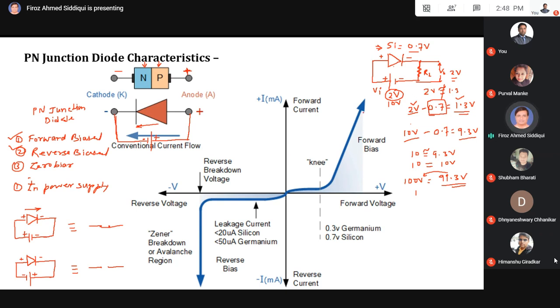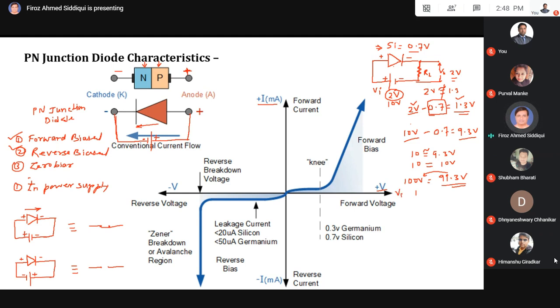So let us see the characteristic of the diode. This is the characteristic of a practical diode, not the ideal diode. We have drawn this characteristic with I on the y-axis and V on the x-axis, where V is the voltage across the diode.